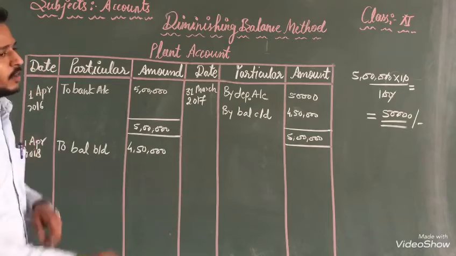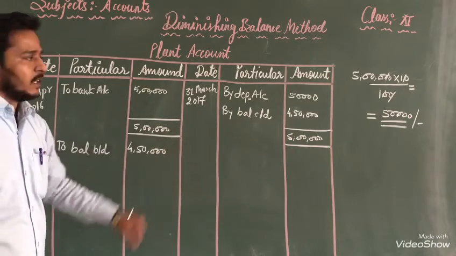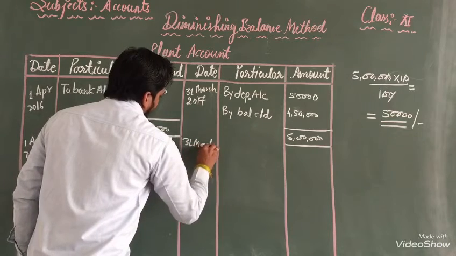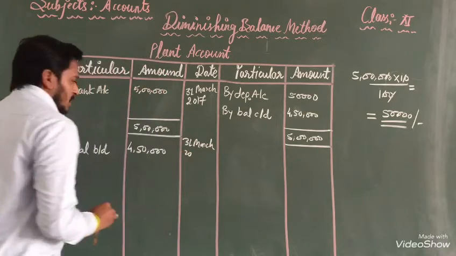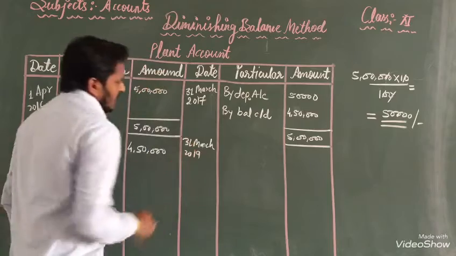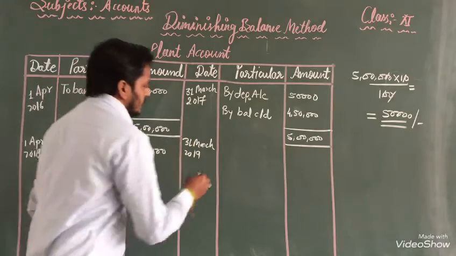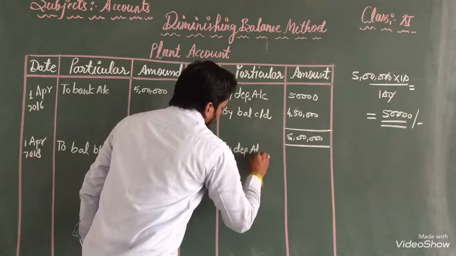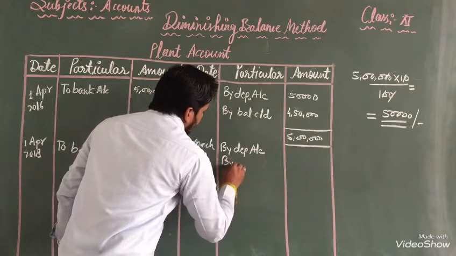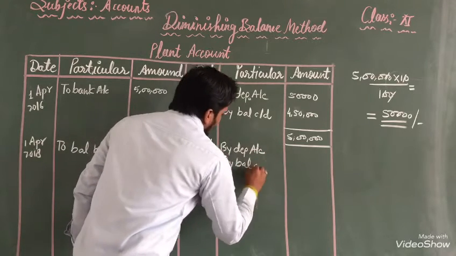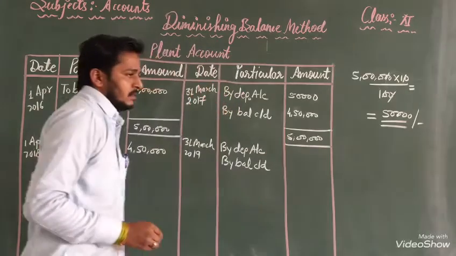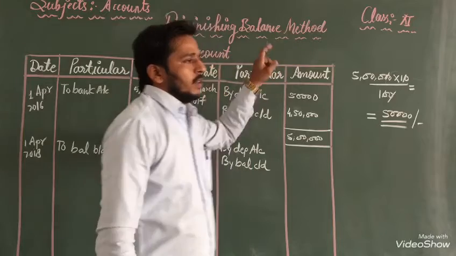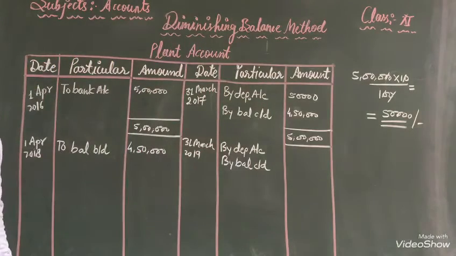According to that, we make the second transaction on 31 March 2018. The same depreciation we calculate by depreciation account, by balance c/d. This is the diminishing balance method. With the help of that, we solve our depreciation.